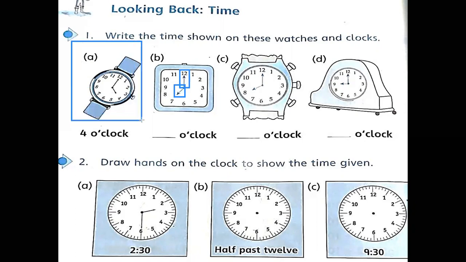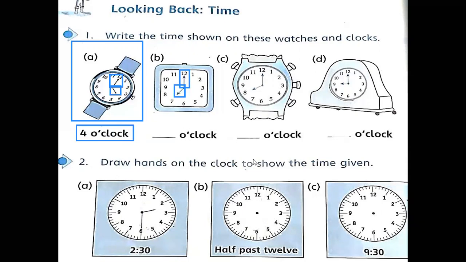The first one, in this watch, the hour hand is exactly upon 4, and the minute hand is exactly on 12. Therefore, we can write that the correct time in this watch is 4 o'clock.